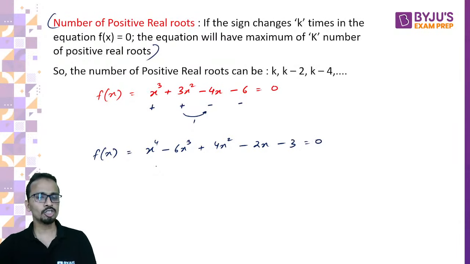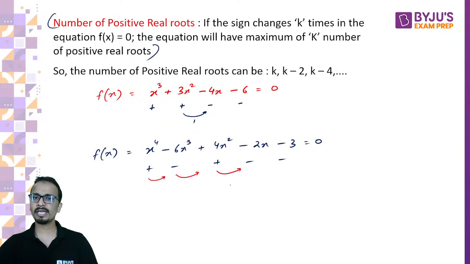Now let's count the number of sign changes very quickly. Positive, negative, positive, negative, and negative. So sign changes are happening how many times? 1, 2, and 3. So this equation will have a maximum of 3 positive real roots.